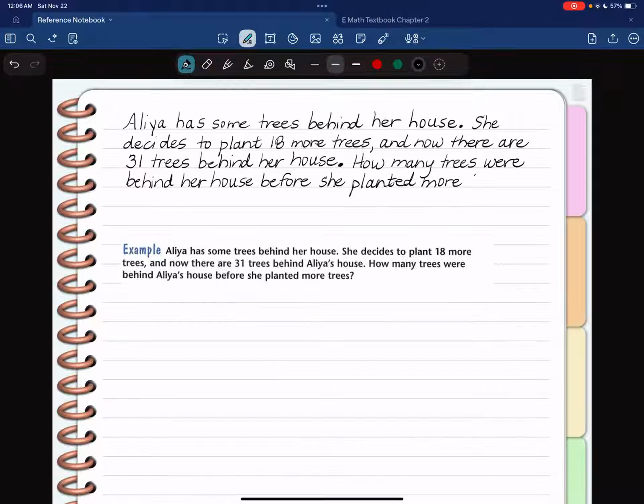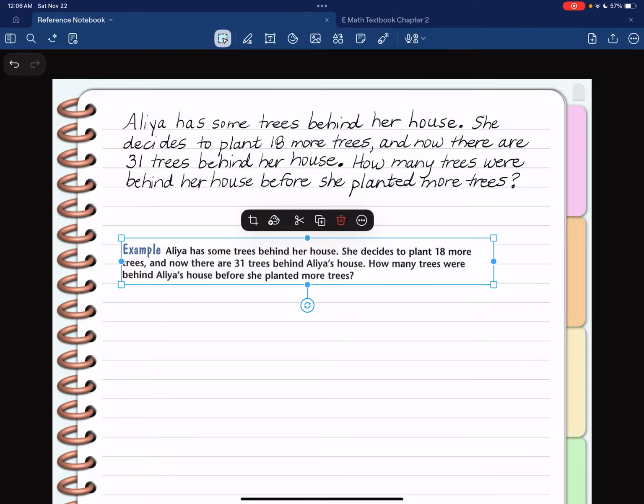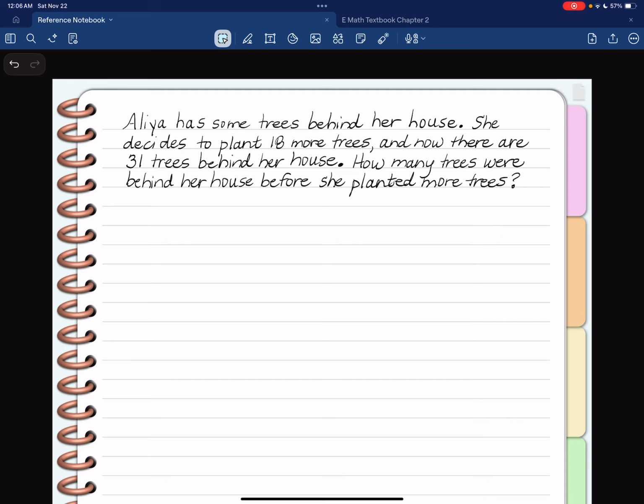Question mark. And I'm not going to use a bar model on this one. You can if you want to, but I'm going to do something a little bit different. We're still going to draw a model, but I'm going to show you a different thing.